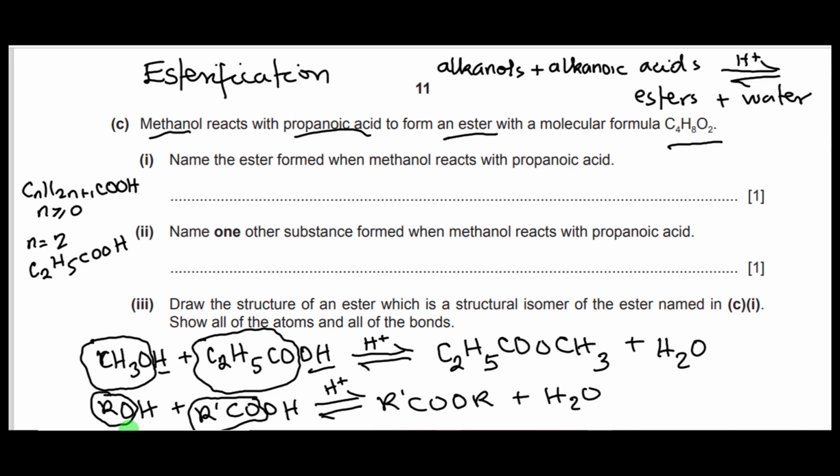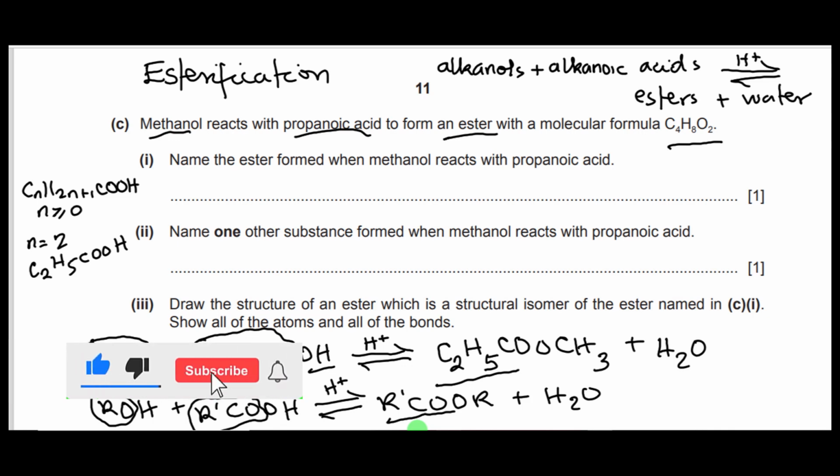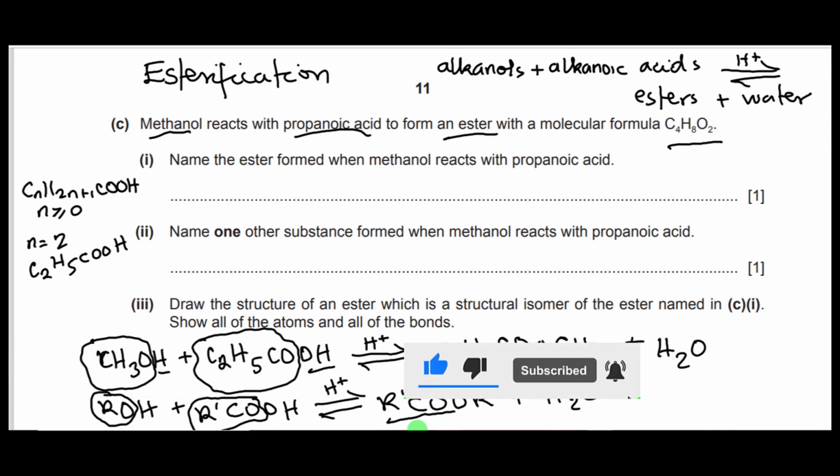Which means that when you're writing the formula of an ester, the alkanoic acid component comes first, while the part of the alkanol comes last.